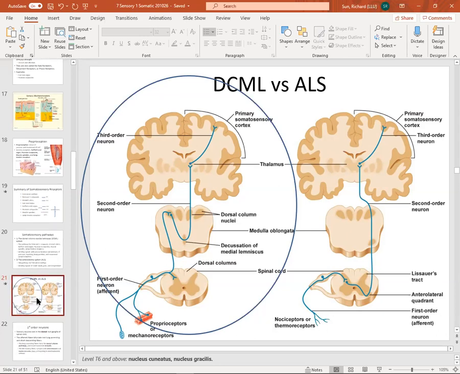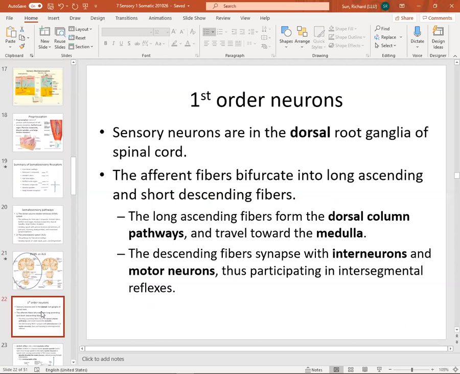All right. So the DCML first order neurons are located in the dorsal root ganglia next to the spinal cord. And they enter, and this first order axon has two major branches. One synapses with local neurons in the spinal cord.